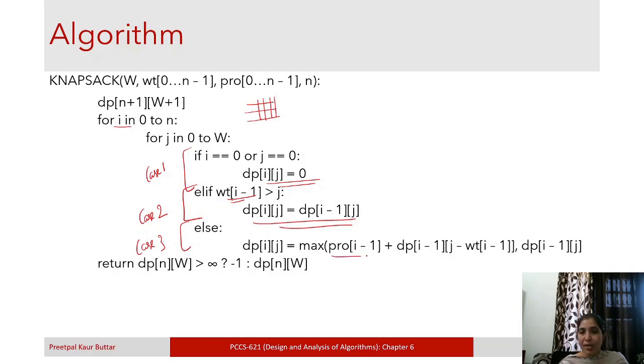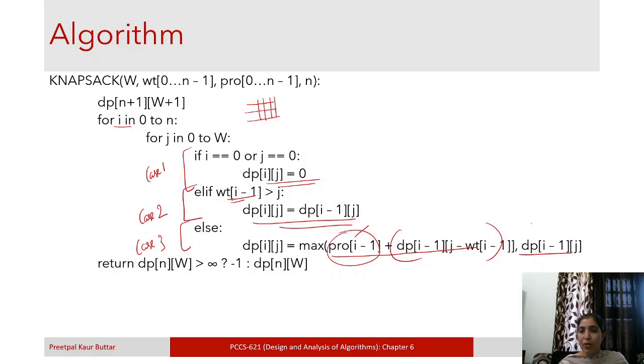Okay, so these are the two equations which we discussed in the previous slide. By including the item, you will add that item's profit, and the subproblem which is left is with the previous number of items and the weight which is left by including that item.